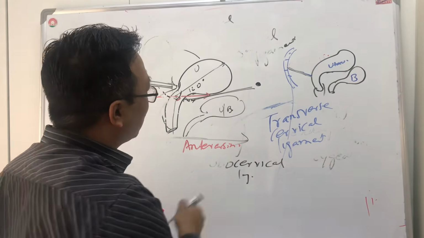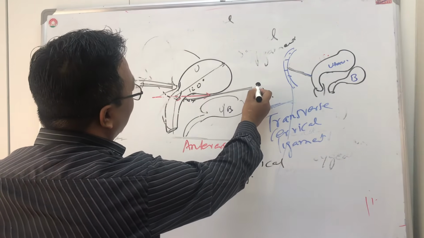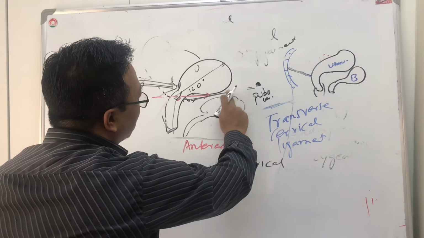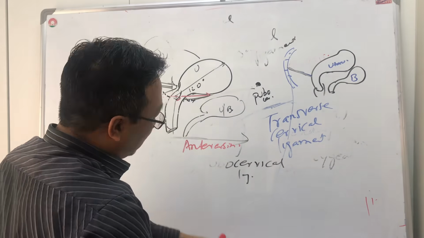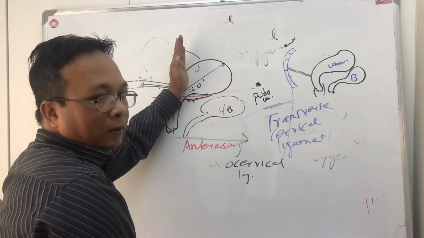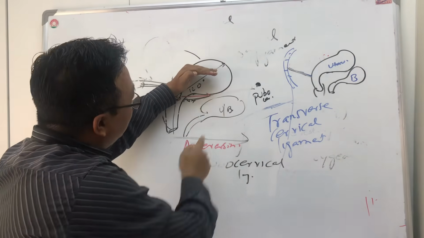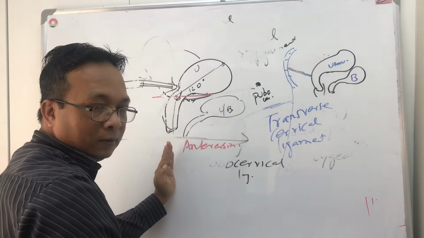Sorry, pubocervical ligament anteriorly. If suppose we remove this pubocervical ligament, what will happen? The uterus will go straight, because it is constantly pulled by the pubocervical ligament. So if we cut the pubocervical ligament, it will go straight, and then it will prolapse.